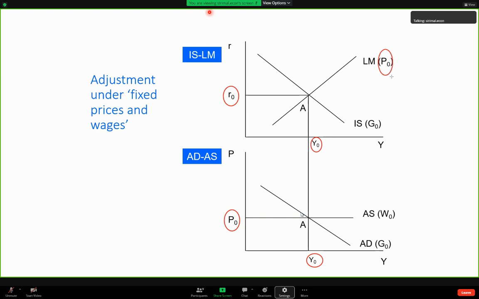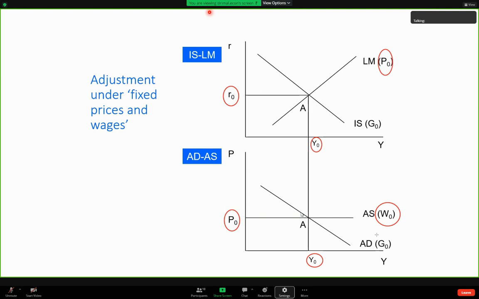Because it is part of the determinants of money stock as well, real value of the money stock, real money balances. And then the wage rate in the economy, nominal wage rate, W naught, which is a determinant of our aggregate supply line.